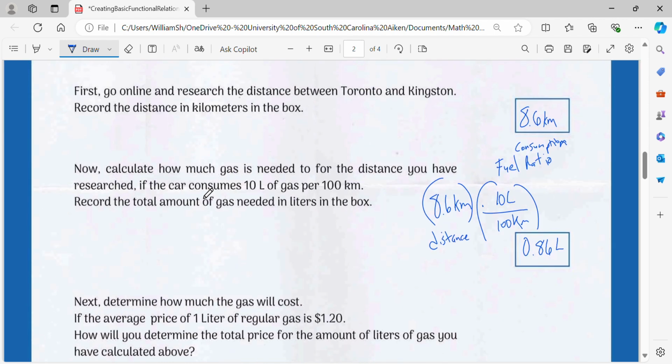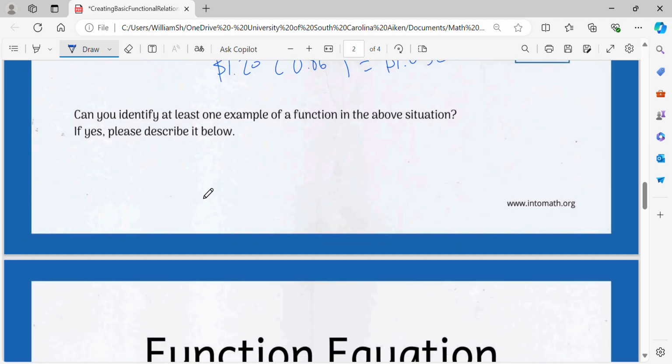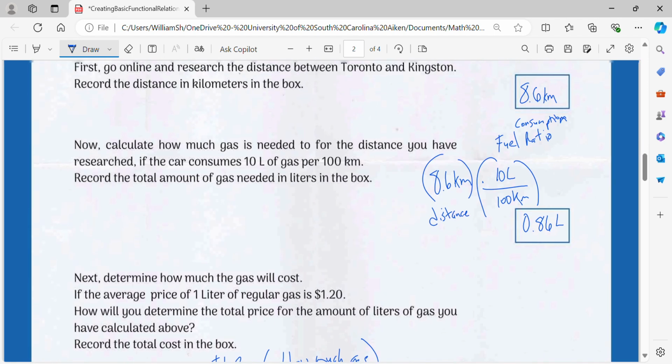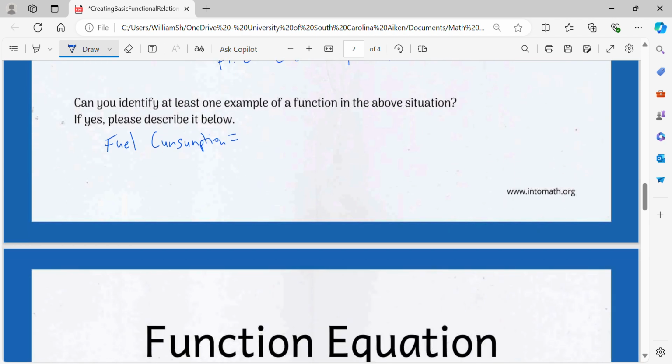The first function that we created was fuel consumption equals, I'll continue to refer back upwards, distance times fuel ratio.